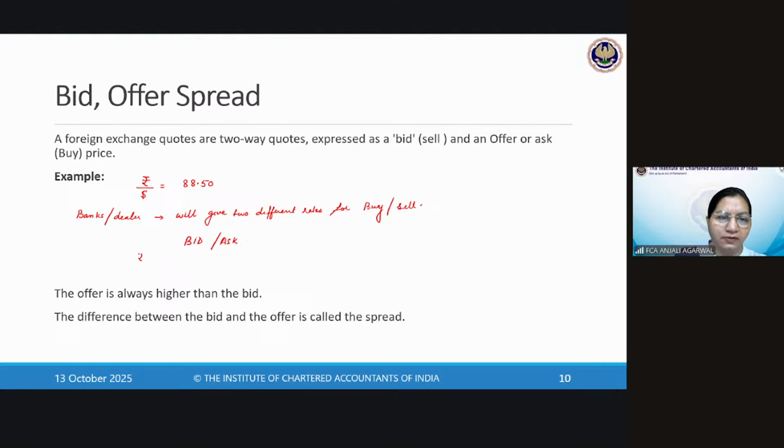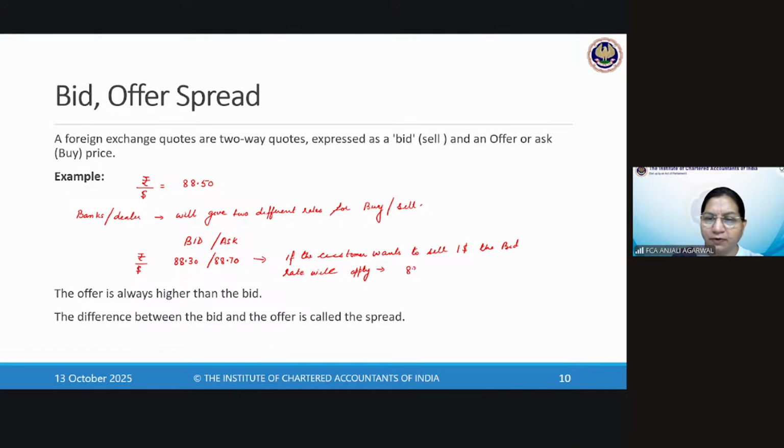So if the bank or the dealer quotes to the customer rupee by dollar, let's say 88.30 oblique 88.70, it means if the customer wants to sell $1, the bid rate will be applicable. So the dealer has given a bid of 88.30.